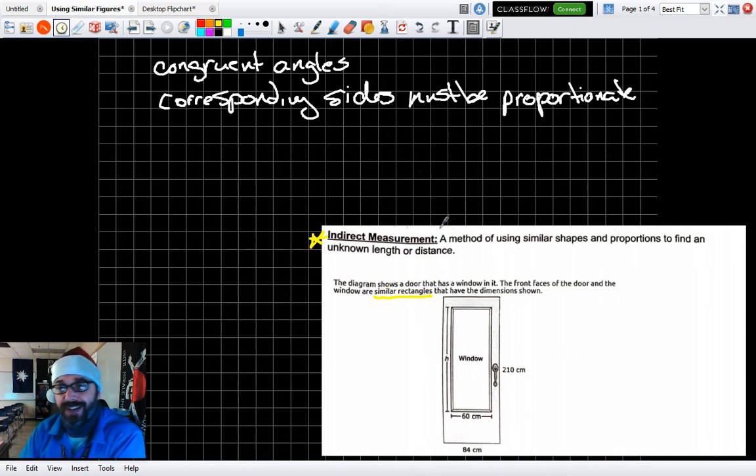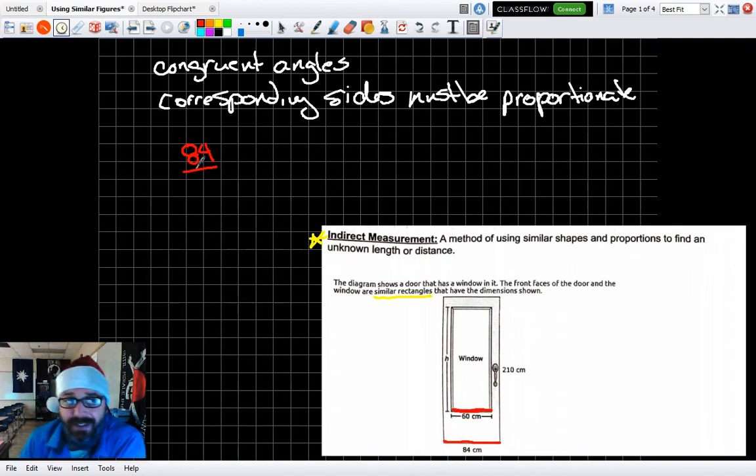So the first thing is to find our ratios. Okay. Well, I always like to go with the two things I know because it just makes sense to me. So the first thing I see down here on the big rectangle is 84. And I need to set that up as a ratio to the corresponding side of the smaller rectangle. Well, the corresponding side of this smaller rectangle, the window, is going to be right here.